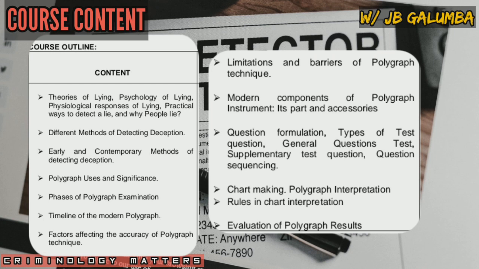The knowledge of the person who will be conducting the polygraph examination. Does he have adequate training and adequate experience in the conduct of polygraph examination? Because if none, then definitely the result is less accurate. Another thing is the machine that is being used. What if the machine has a technical problem? Then that will also affect the result of the polygraph examination.